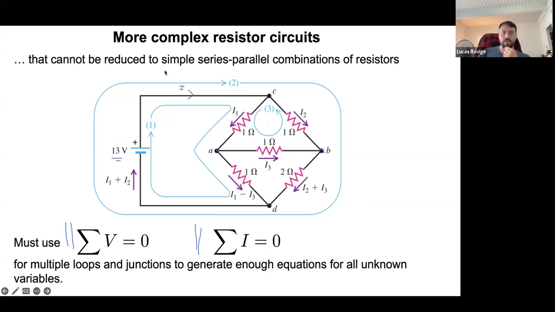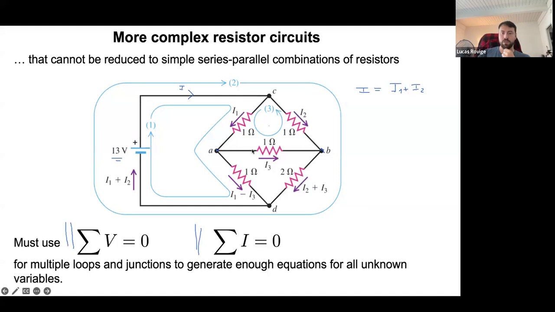Here we have the current I, and we know that I is going to be equal to I1 plus I2.